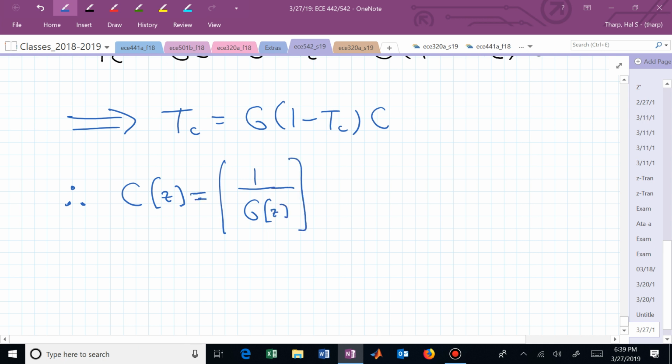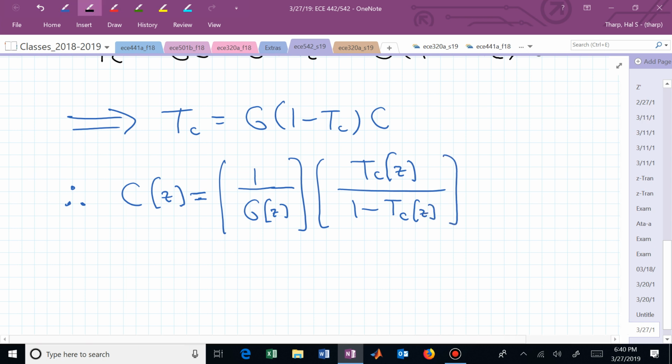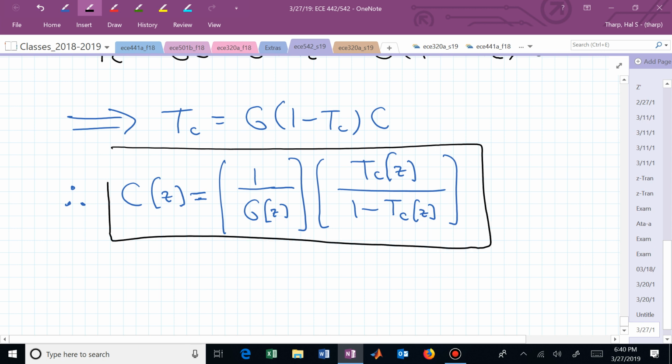And what does that do? Well, that tries to invert the plant. And then we have a T sub C of Z divided by 1 minus T sub C of Z. And there is our controller design formula.